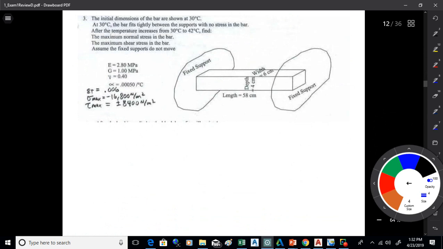This next one, we have a bar in between two supports, and the temperature goes up. It's going to try and get longer. The supports will not allow that, so stresses will build up in the bar. I want to know the normal stress and the shear stress. So that's an axially loaded bar, uniaxial loading.